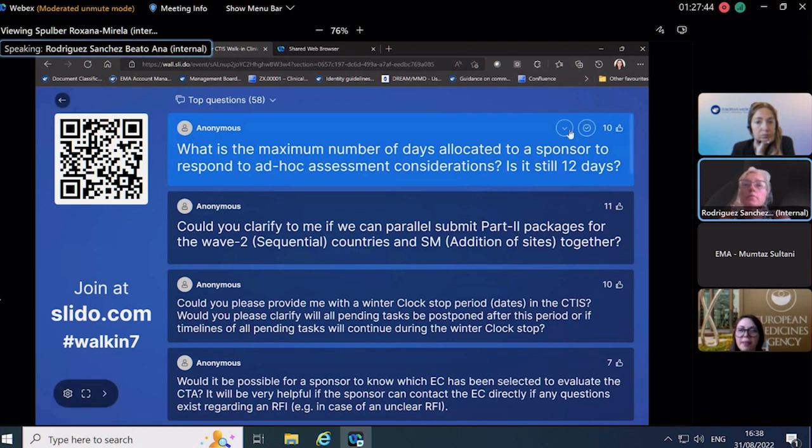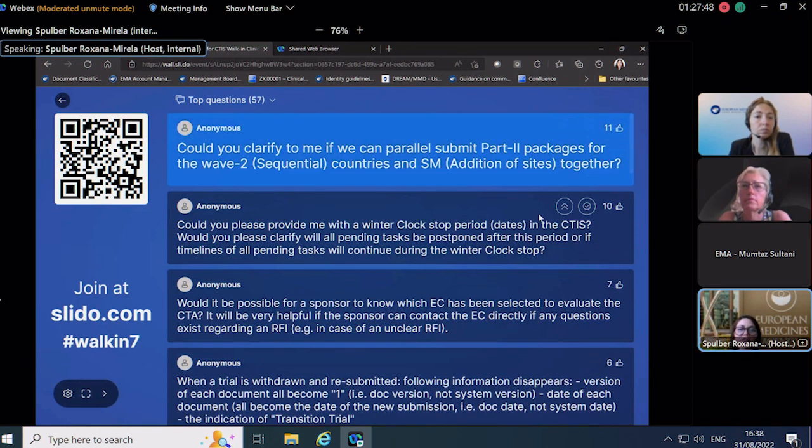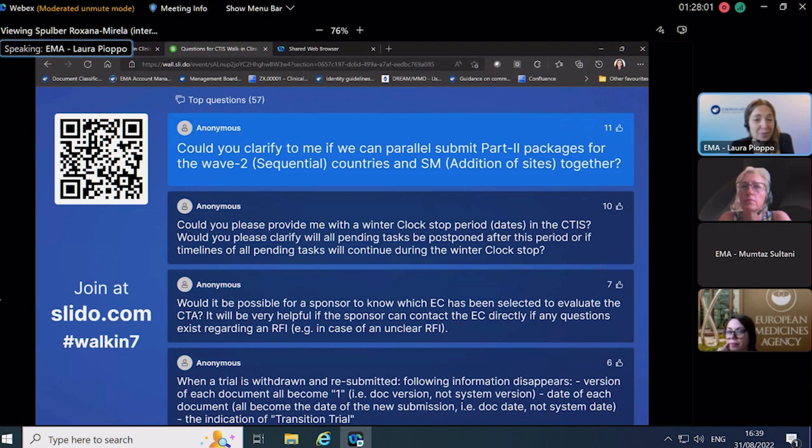Thank you, Anna. Now the next one is, could you clarify if we can parallel submit Part 2 packages for the Wave 2 sequential countries and substantial modification addition of sites together? As I interpret this question, it means can I, as a sponsor, submit Part 2 packages for Wave 2 sequential countries.